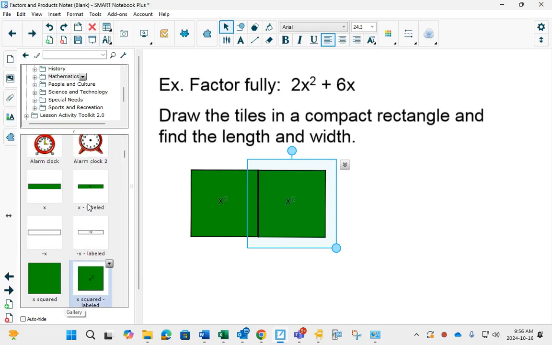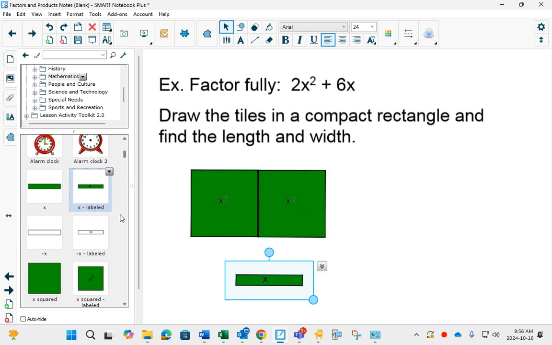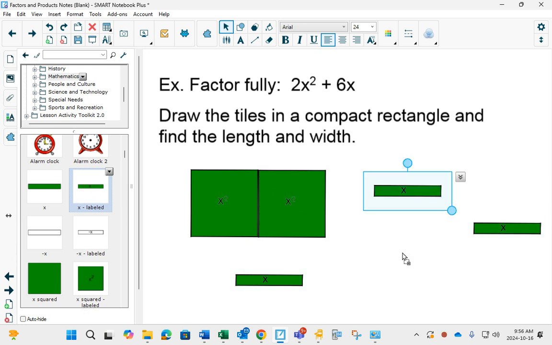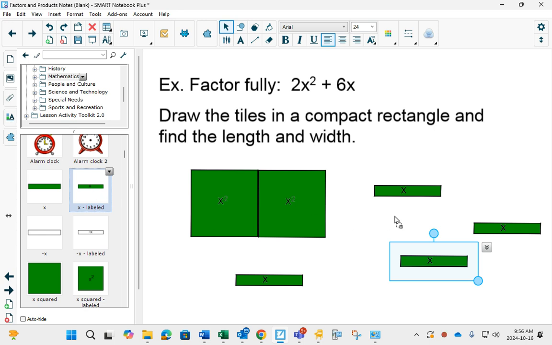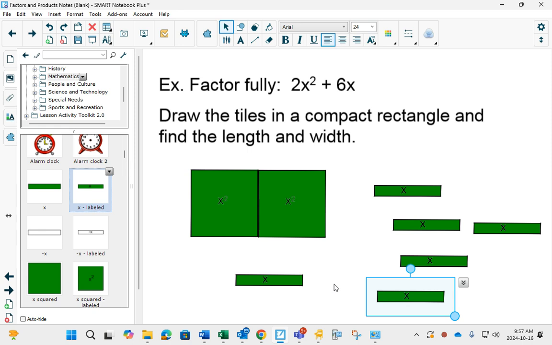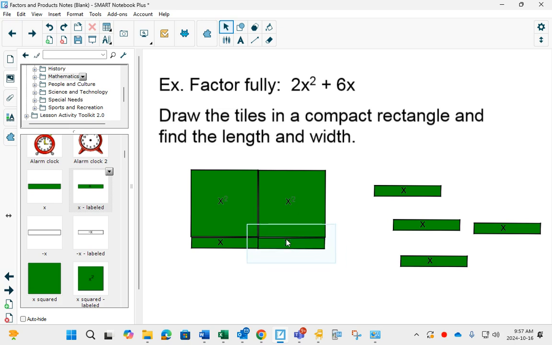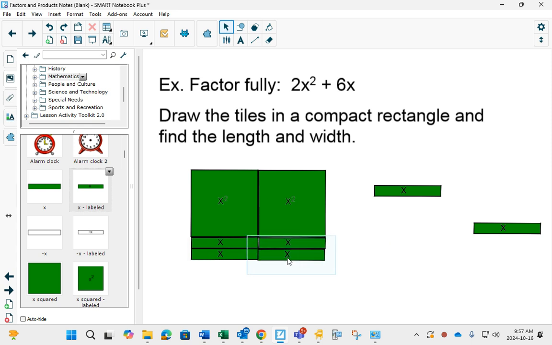And then we need 6 x's. 1, 2, 3, 4. So I can only attach an x side to an x side.